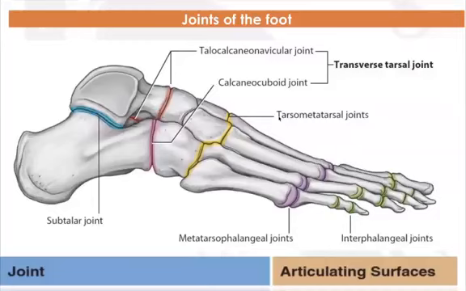What are the movements? Inversion and eversion. The next joint is the talocalcaneonavicular joint. So this part and this part.